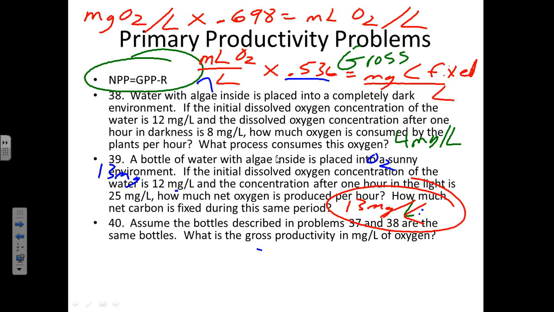And I want to know what's the gross productivity. Got to go to this equation. So let's solve that for GPP. So GPP equals NPP plus R, right? And just do a little algebra, solve that out. How much total oxygen did this thing make?